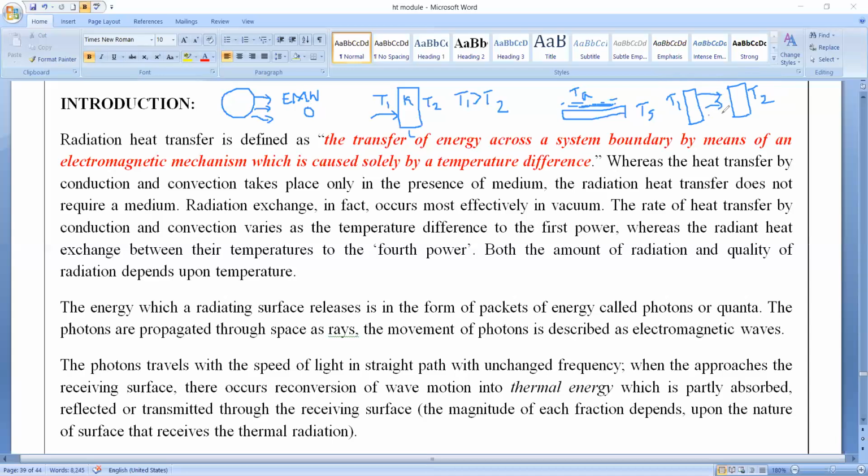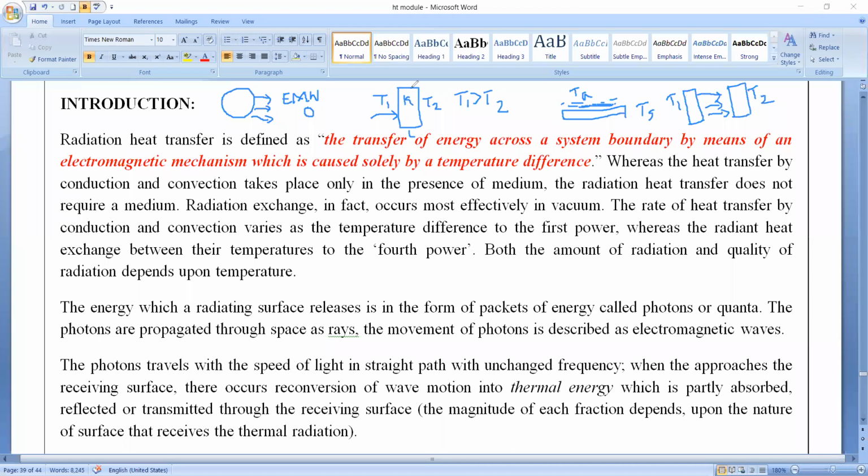If this heat transfer is in the form of electromagnetic waves or electromagnetic radiations, then definitely this type of heat transfer is known as heat transfer by thermal radiation. So these are the very fundamental discussions about radiation.